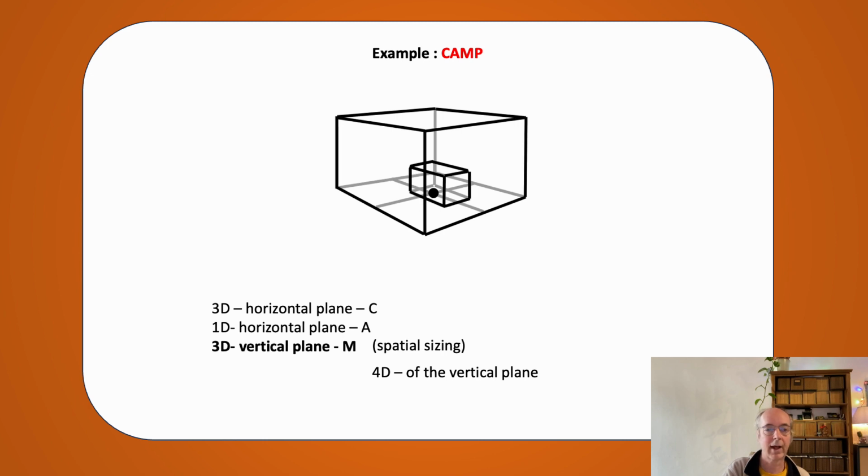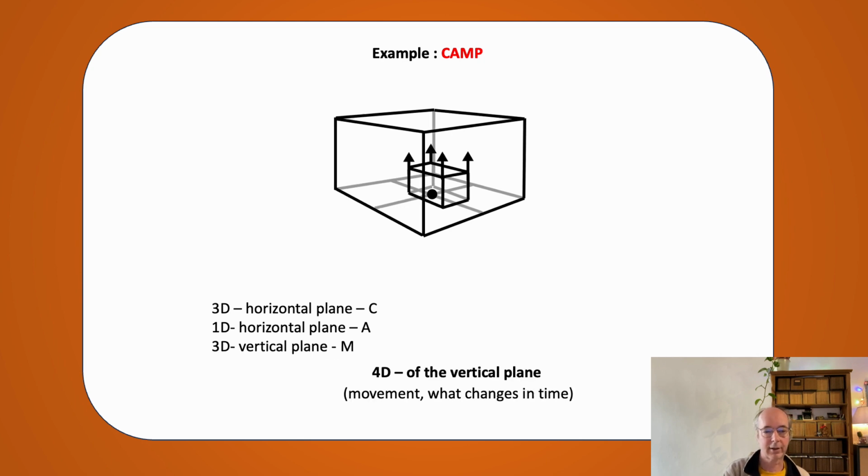The M will add a vertical plane in this frame, and it will receive a certain spatial sizing as a shade, so there will be a spatial reference point of something that is formed there with the M, as you can see. The last letter, the P, will go into the four-dimensional frame, so it will be about movement, about movements in time.